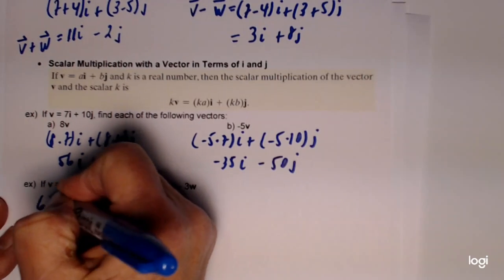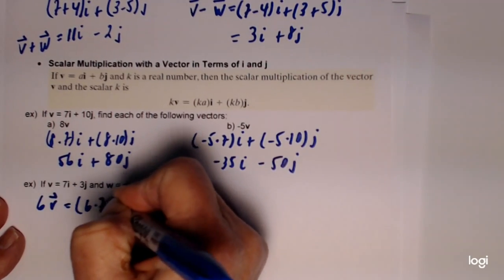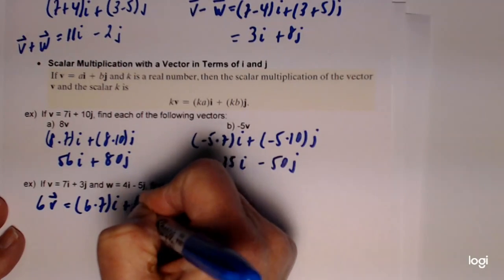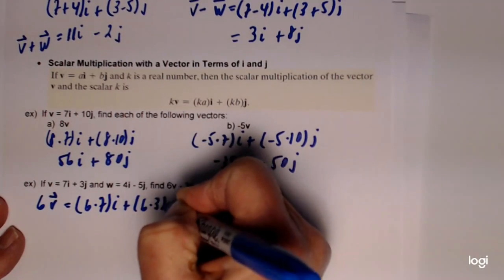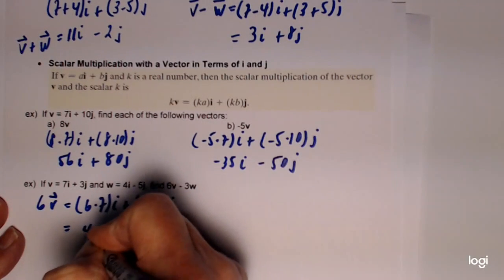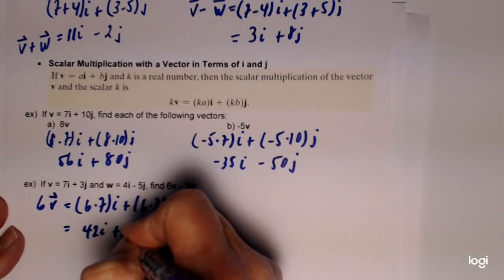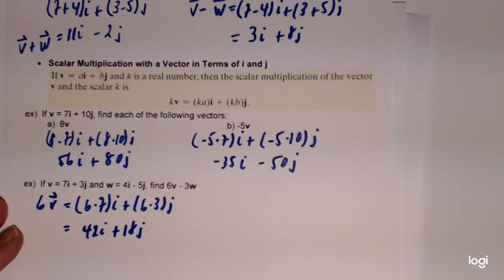So 6 times vector v is going to be 6 times 7i plus 6 times 3j. So this is going to be 6 times 7, 42i, and 6 times 3, we're going to have 18j. So there's the multiplication involving v.